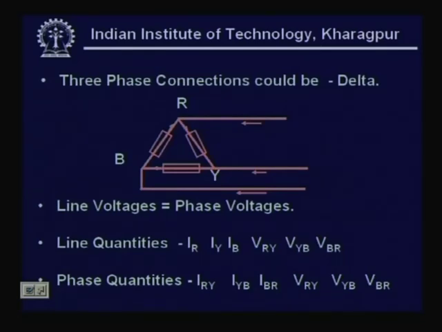Now it may be coming to somebody's mind, why are we talking about line and phase, why delta? Had we connected these three sources to three different loads in a separate manner, we would have used 6 lines, 2 lines for each voltage source. That way we use 6 conductors.